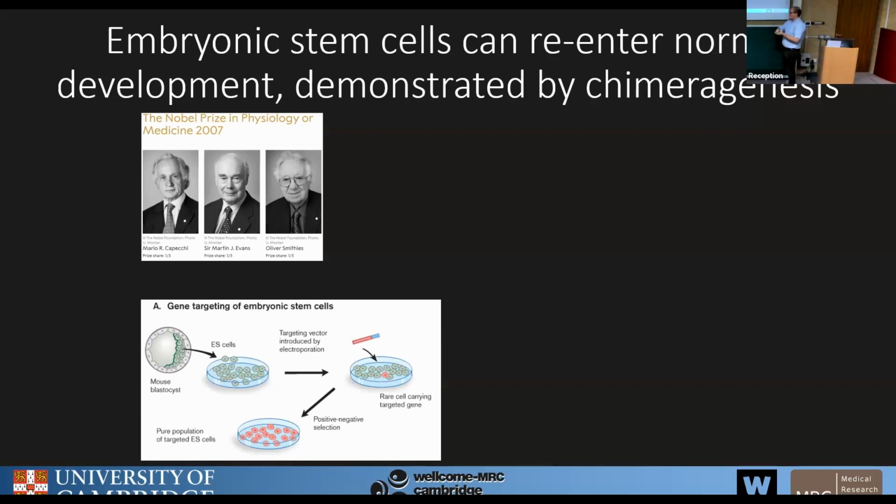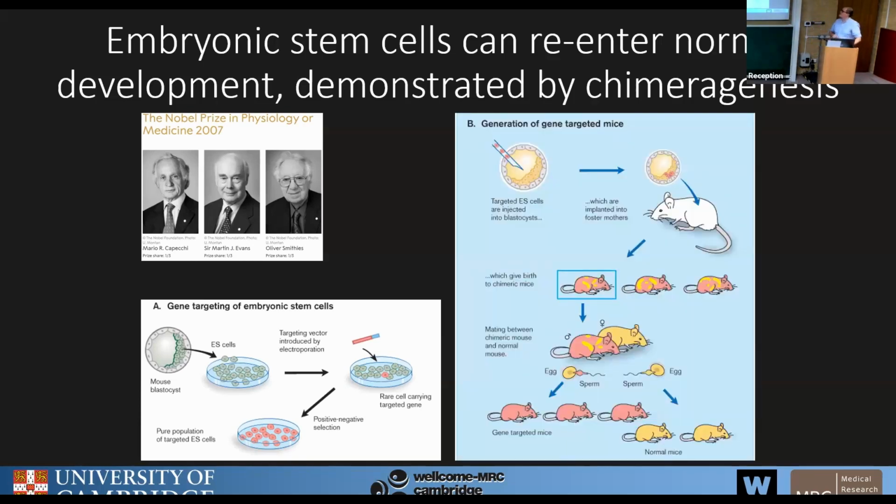You can take the epiblast tissue out of a blastocyst and culture those cells indefinitely. You can genetically manipulate them quite easily, and then reintroduce those into a host blastocyst. These cells will happily incorporate back into the host embryo, as demonstrated when you transfer back into a surrogate mother and have contribution to all the tissue layers in the adult mouse.